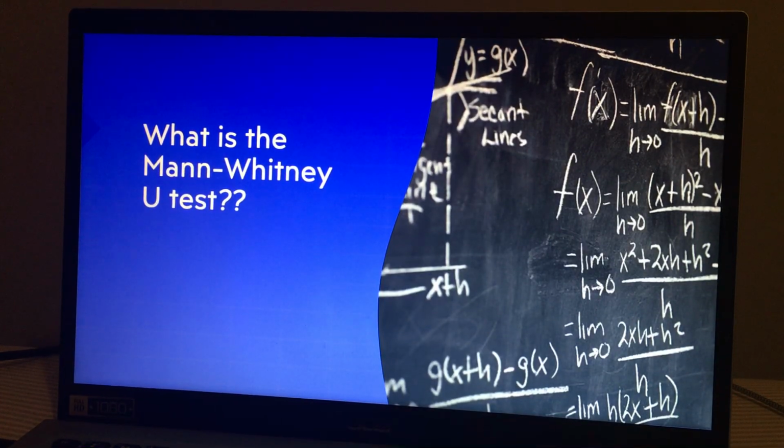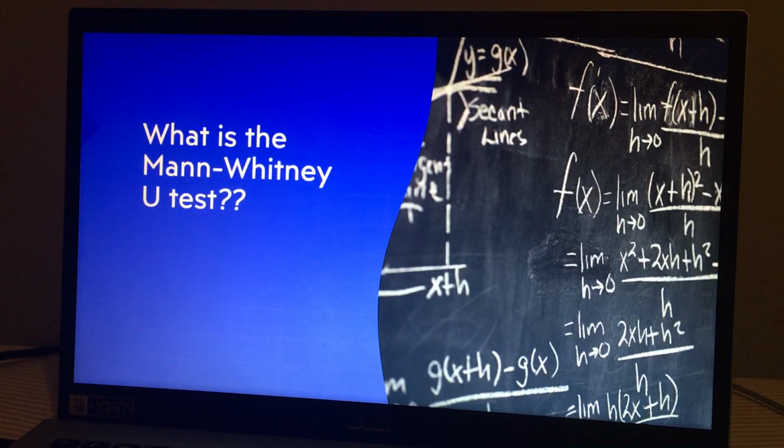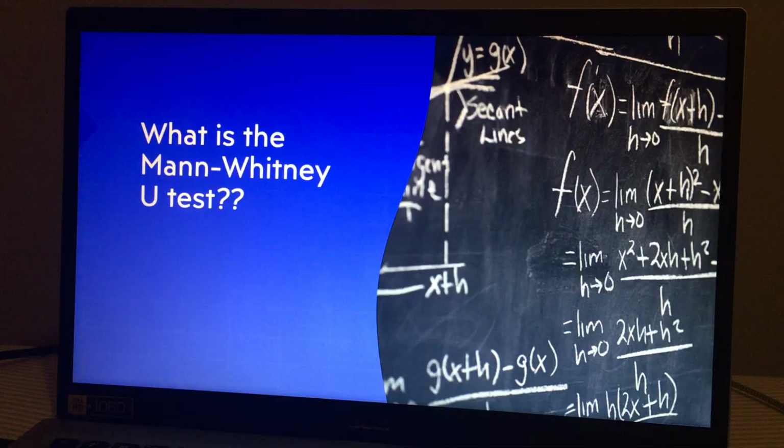However, it is important to note that these tests are, again, less powerful than the parametric tests. So we're only going to recommend using them in cases where the assumptions of the t-test are violated or not met.